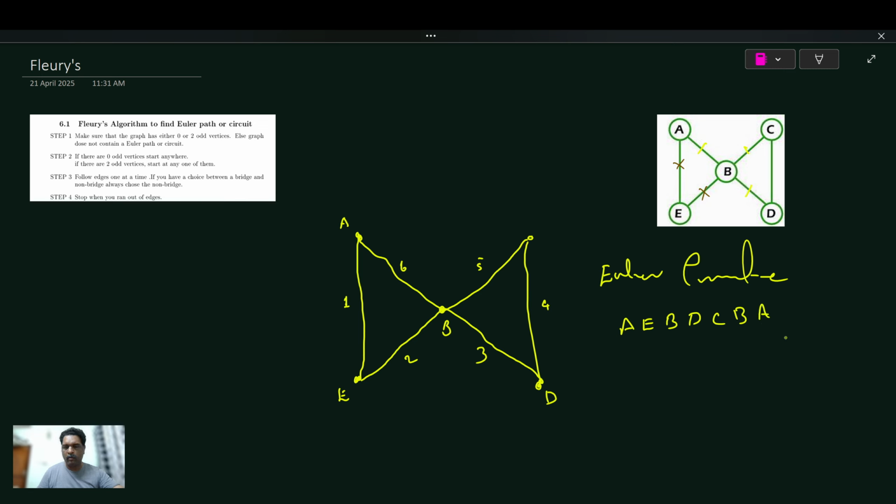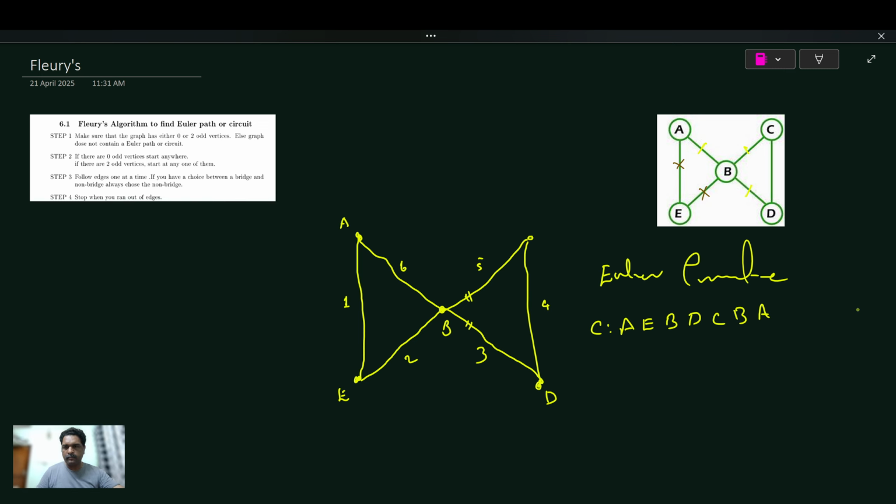This is an Euler circuit in this particular graph. And remember one thing, at many stages we have an option to choose between edges randomly. At the vertex B, when we first meet it, we have two options, and we make the selection randomly.